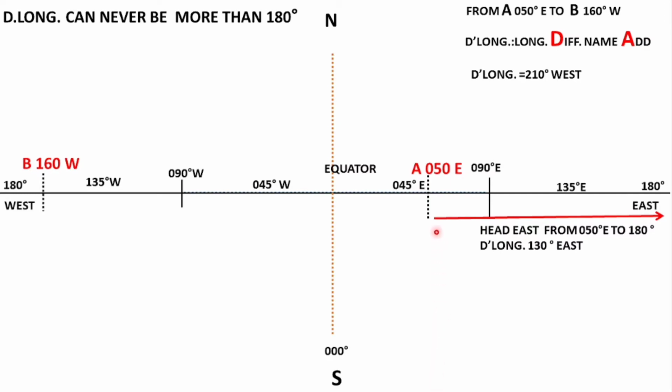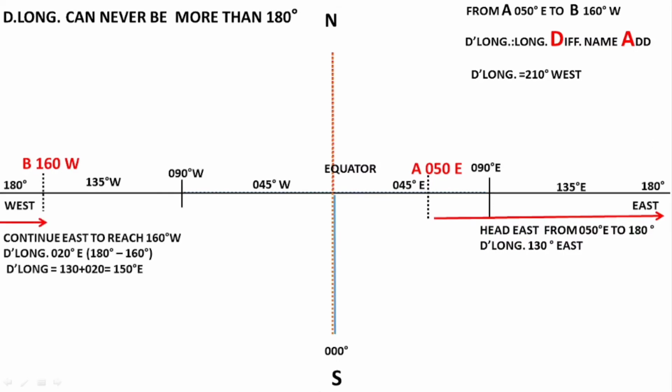So it would make sense if I continued from 50 degrees east, kept on going straight to 180, and 180 is common. So I would do 130 degrees towards east, and then another 20 degrees east to reach 160 west.